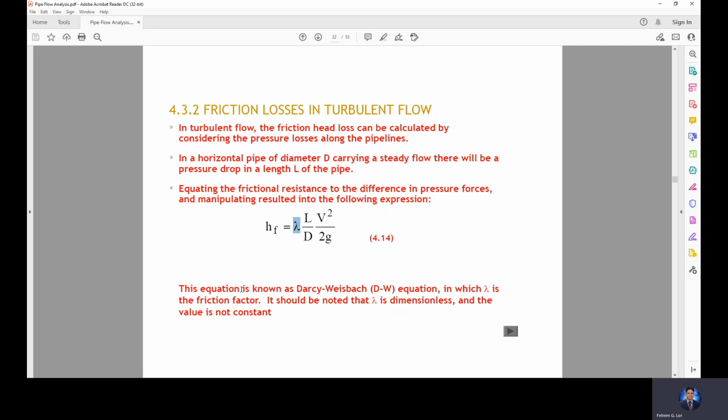This equation is known as the Darcy-Weisbach equation.